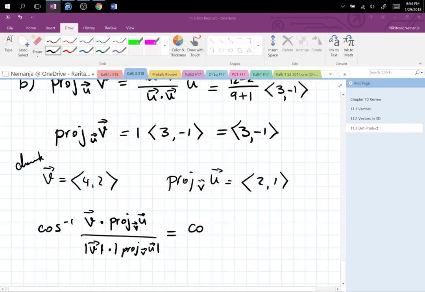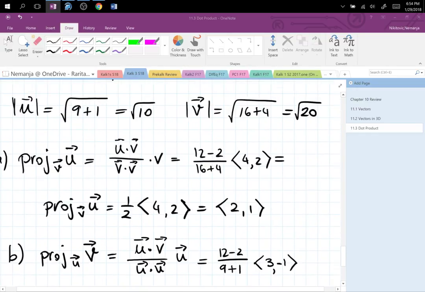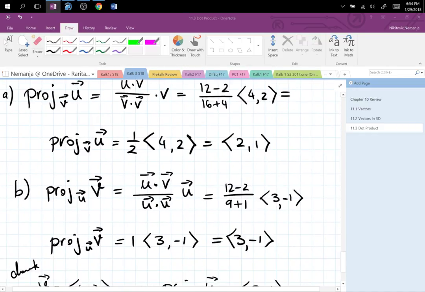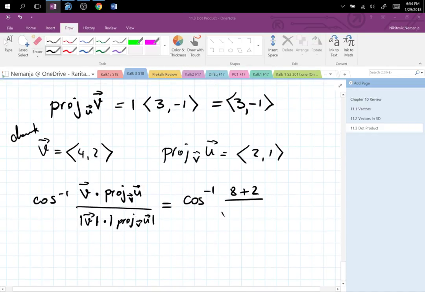So inverse cosine over here, when I do this, I get 8 plus 2 divided by the magnitude of v. Where's the magnitude of v? Root 20 times the magnitude of this one is 5.